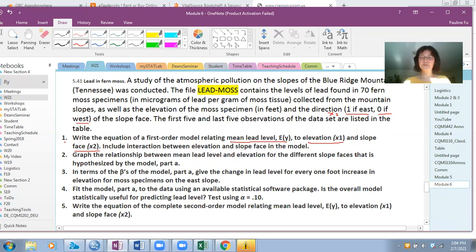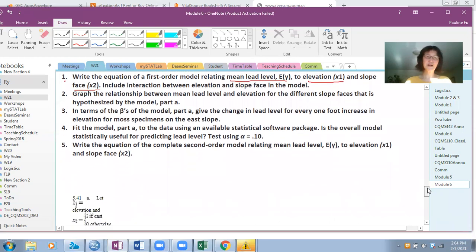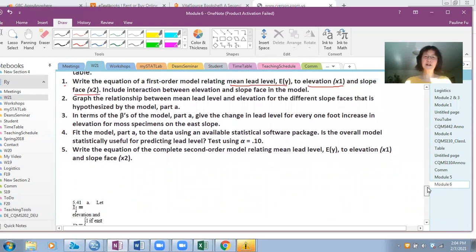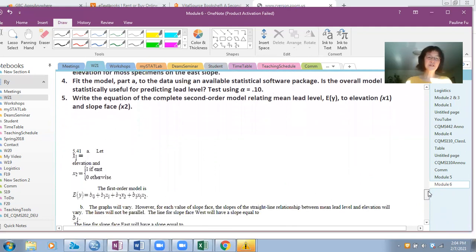So let's write down the model. To write down the model, we have to define a dummy variable x2. Okay. x2 equal to 1 when it is east, x2 equal to 0 when it is west. And x1 is the elevation. Okay.